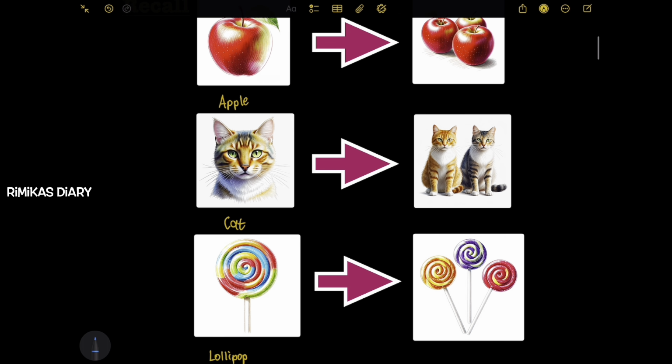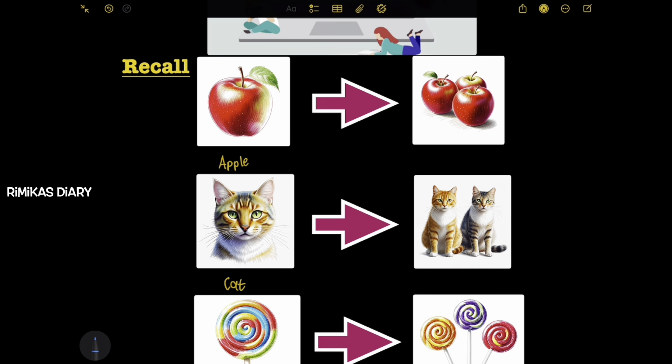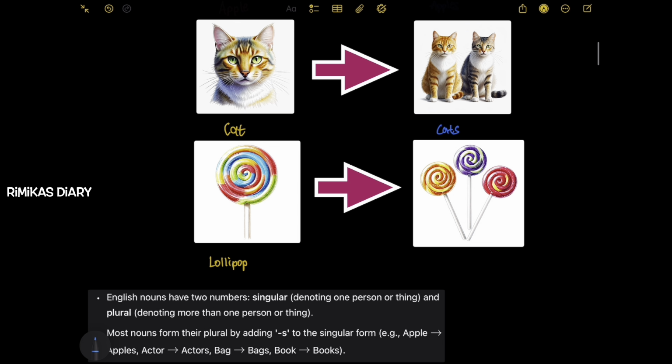These are some simple words. This is the singular column and this is the plural column. Apple, apples. Cat, cats. Lollipop, lollipops.